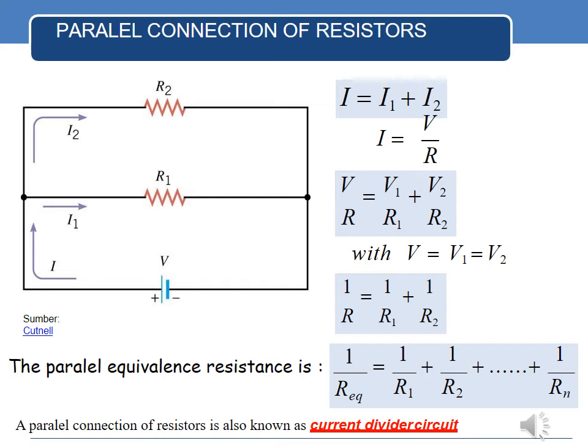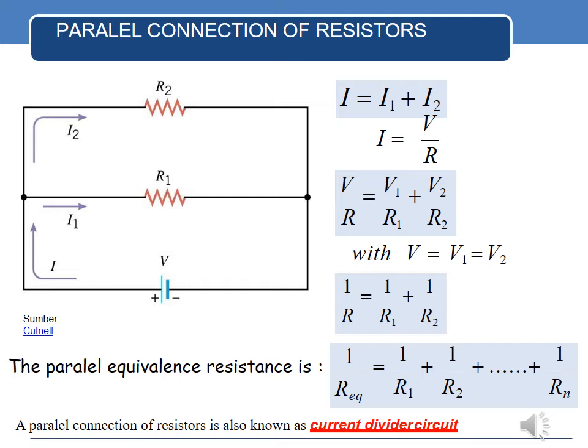And remember from Ohm's law, I equals V divided by R. So we can write I total as V divided by R equals I1, which is V1 divided by R1, plus I2, or V2 divided by R2. Since V equals V1 equals V2 in a parallel circuit, the voltage everywhere is the same.